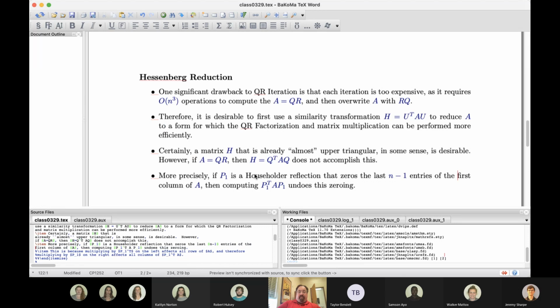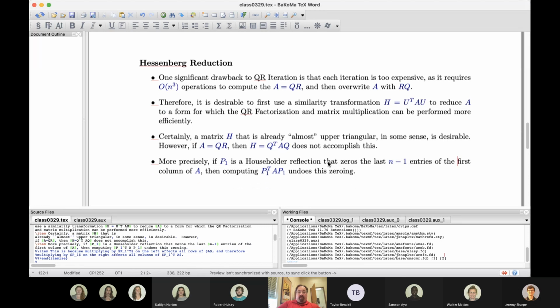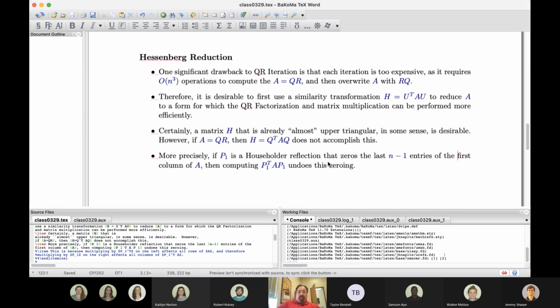So to get a clear idea as to what's going wrong, so that we can fix it, how are we going to compute the QR factorization? Well, we learned a few approaches. There's Gram-Schmidt, there's Givens rotations, there's Householder reflections. So I'll just focus on one of those approaches, Householder. If I work on A to make it upper triangular, I use a Householder reflection that zeroes out most of the first column.